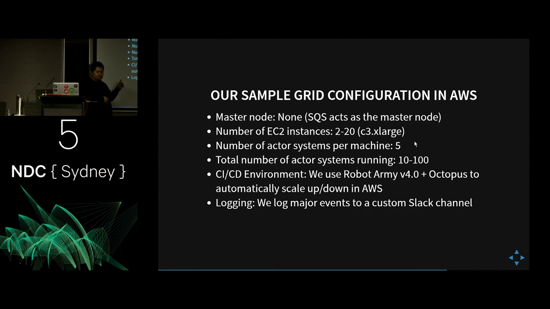When we were handling clickstream events, AWS would detect a high CPU demand. The robot army would respond by creating 2 or 3 more instances and then push the actor systems out to these boxes, and then all of a sudden you see this massive CPU drop that would be able to handle the click streams as they came in.